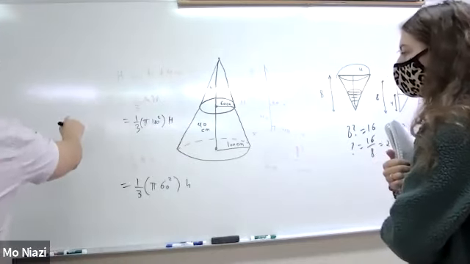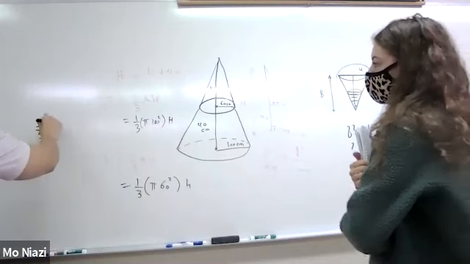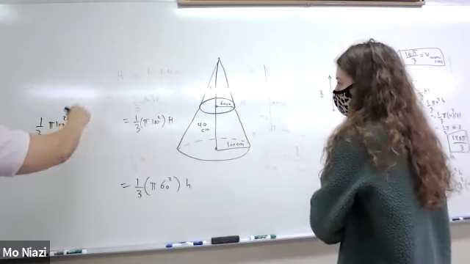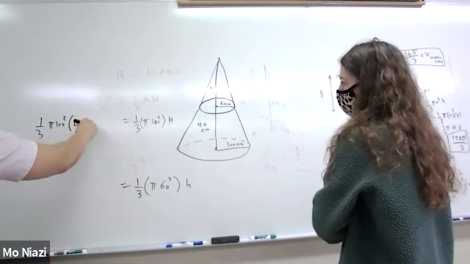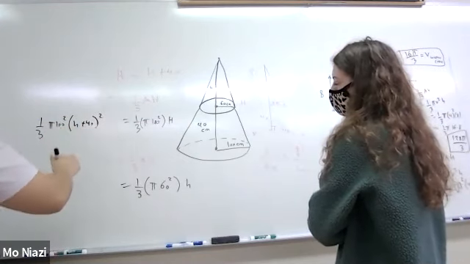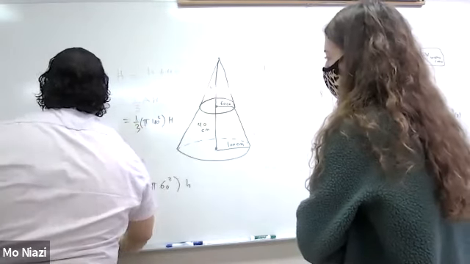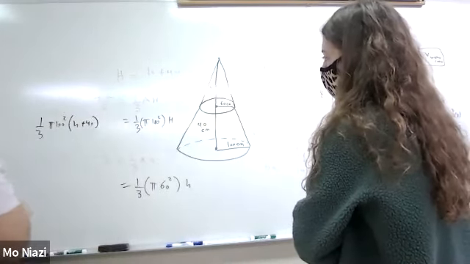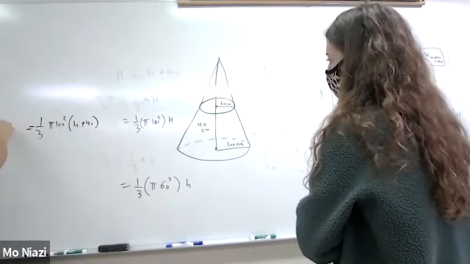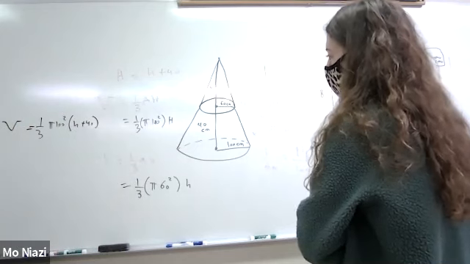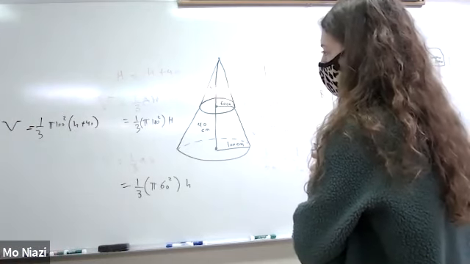Where capital H is equal to this. Oh, it's just not squared, it's just that. But you still don't know. You have two unknowns.